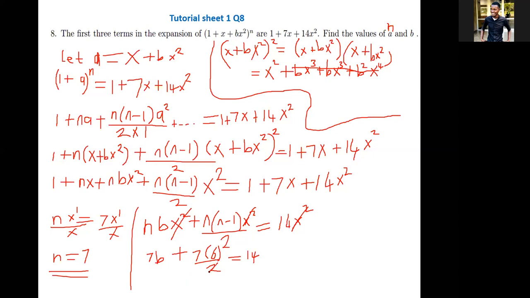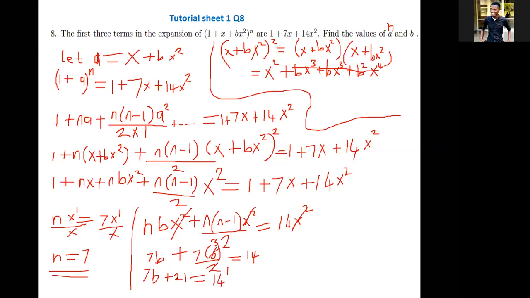So when you divide these two there, you have 1, then these two there, you have 3. So you're going to have 3 times 7, you get 21. So this is 7b plus 21 is equal to 14 like that.